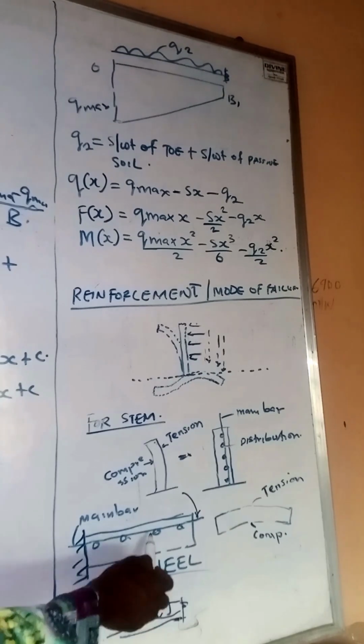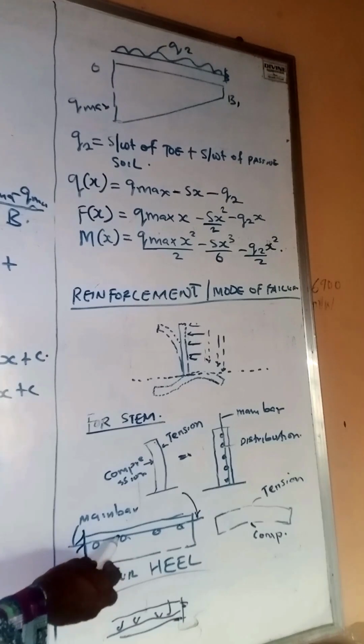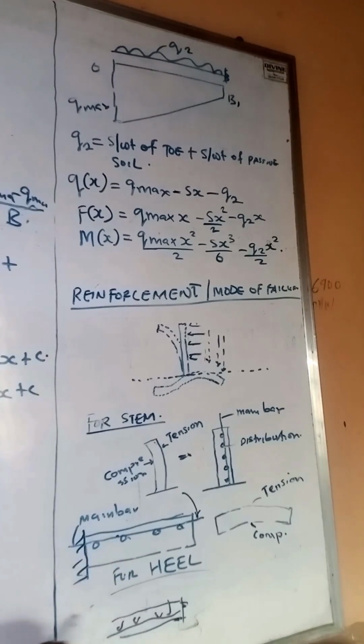You can also extend the reinforcement for the heel down as the top reinforcement for the toe. We can also extend the main reinforcement for the toe bottom in the direction of the heel.